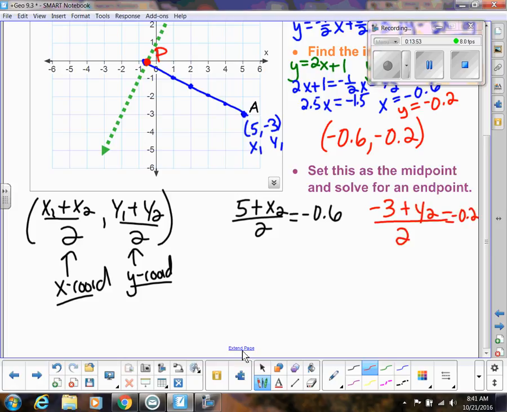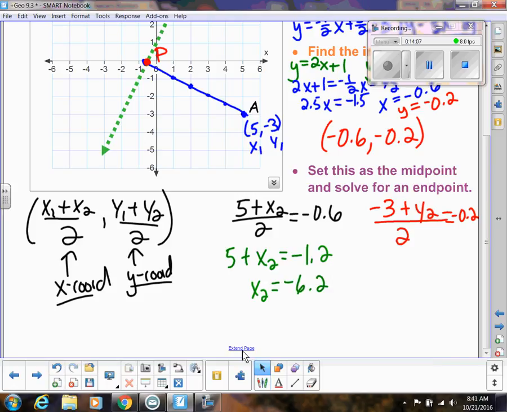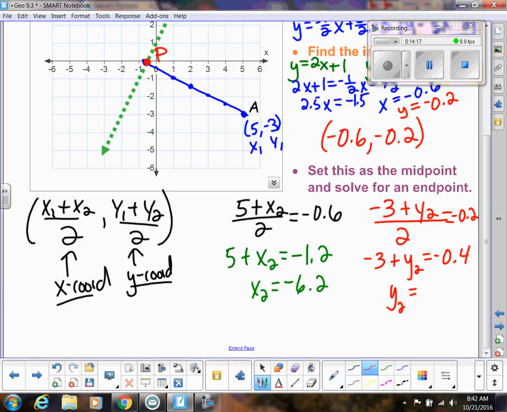All right, so let's solve. Multiply both sides by 2, and then subtract the 5. And I'm getting x2 is -6.2. If I do the same thing with the y coordinates, multiply both sides by 2, and then add the 3, I get 2.6.